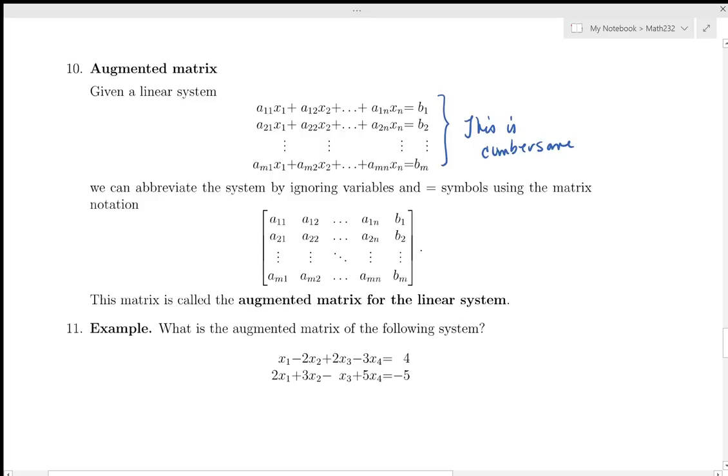So what we do is say, you know what, we already know that this is x1, this is x2, and so on up to xn, and we know that there's an equal sign on all of them. So all we really need to do is capture the coefficients, the A11, A12, etc., and also on the right hand side the B1, B2.